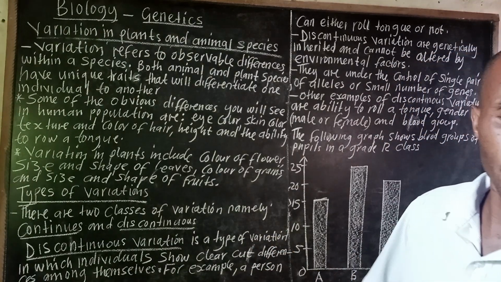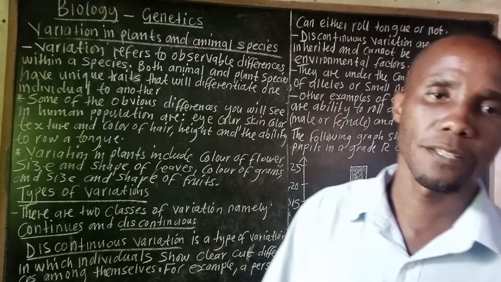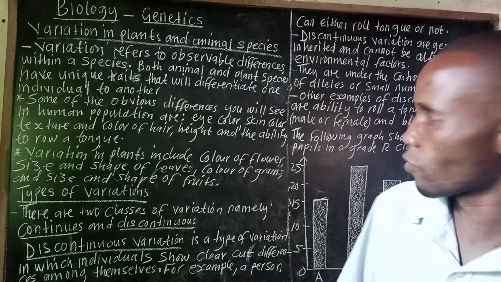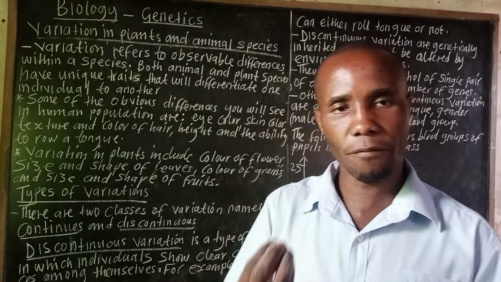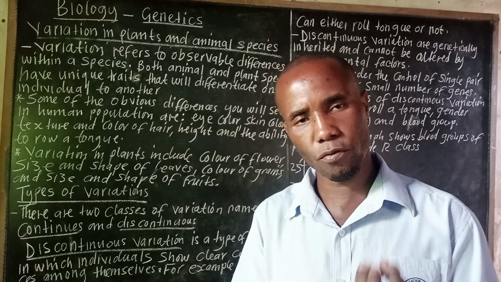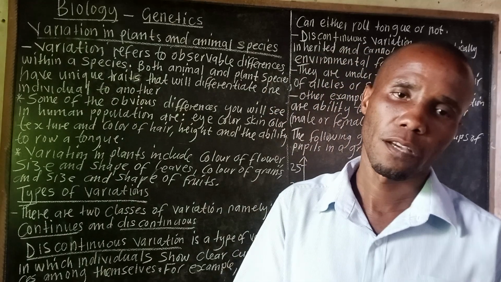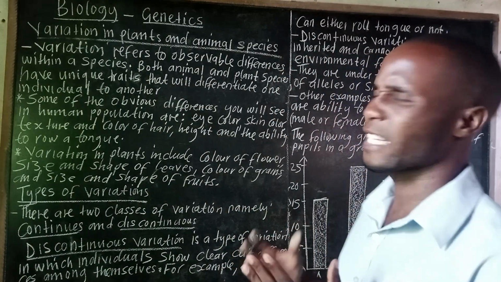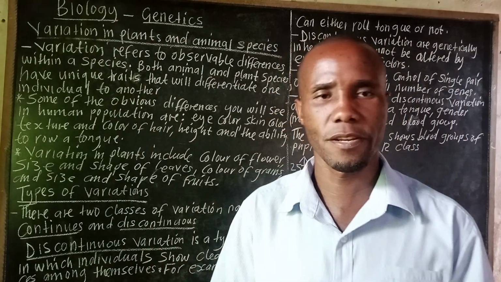Some leaves are bigger, large in size, others are small. Then color of grains, which also differ, and size and shape of fruits. Some plants produce small fruits, others produce big fruits. Those are the obvious variations that are there.